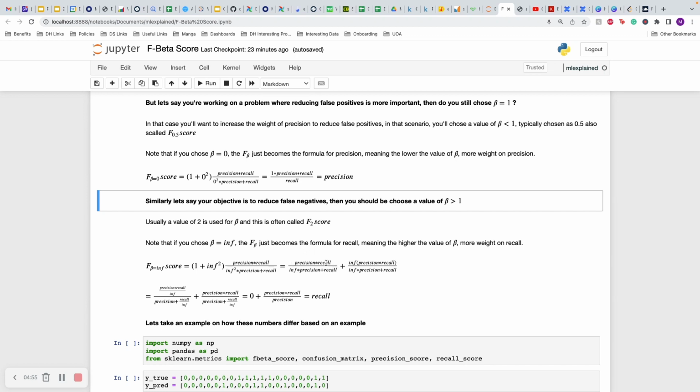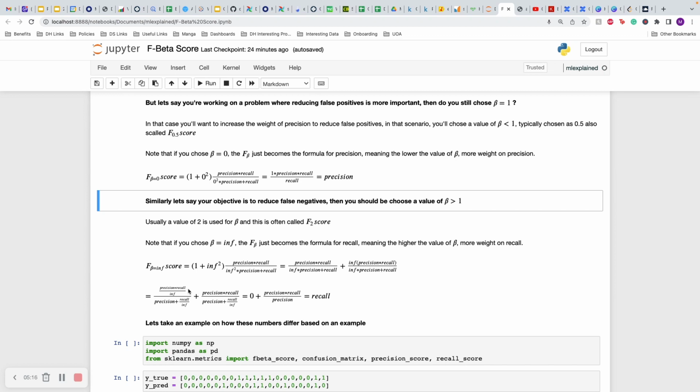Now this entire part will become 0, because I've taken the liberty to make infinity squared as infinity, because it is another kind of infinity. This will become 0 because anything divided by infinity is 0. And this becomes infinity times precision plus infinity times recall, divided by infinity times precision plus recall.